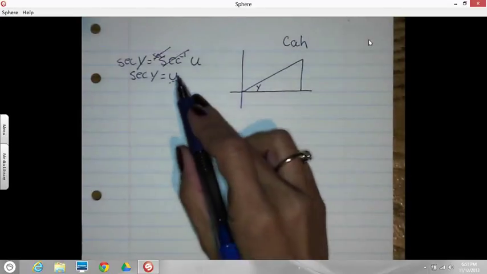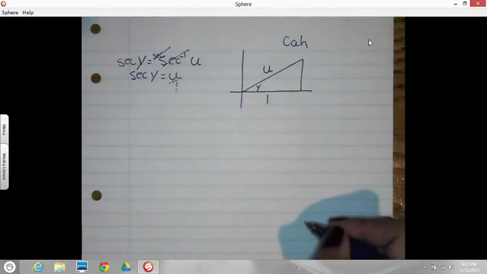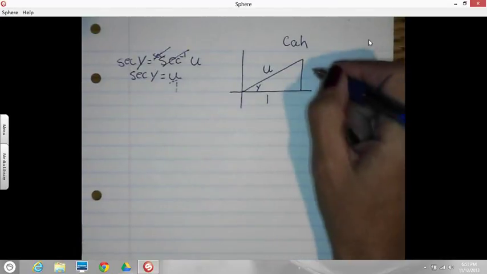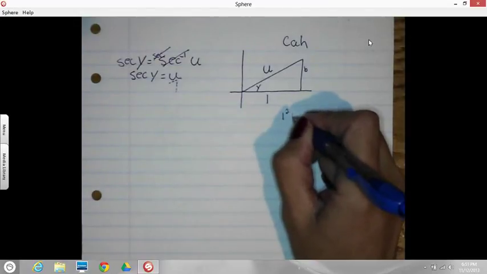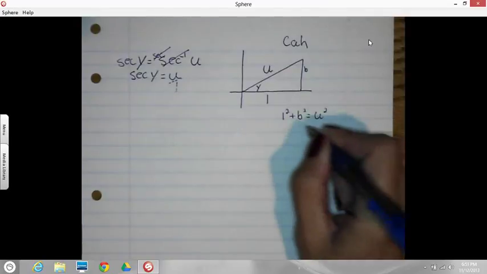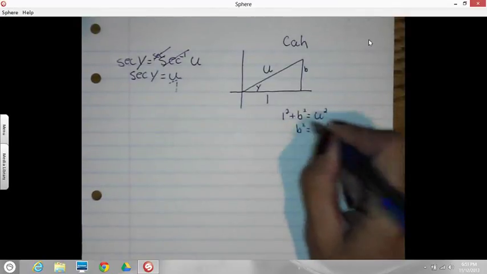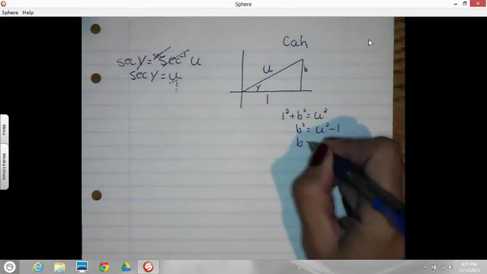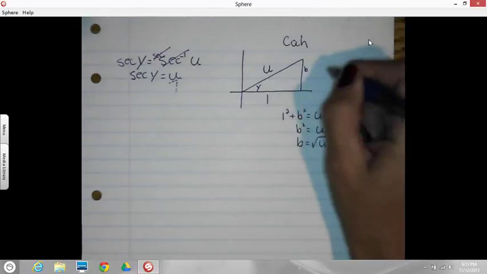The adjacent will be the 1. Doing a little Pythagorean theorem again. 1 squared plus b squared equals u squared. b squared equals u squared minus 1, subtracting 1, and then square root. So b will equal the square root of u squared minus 1.